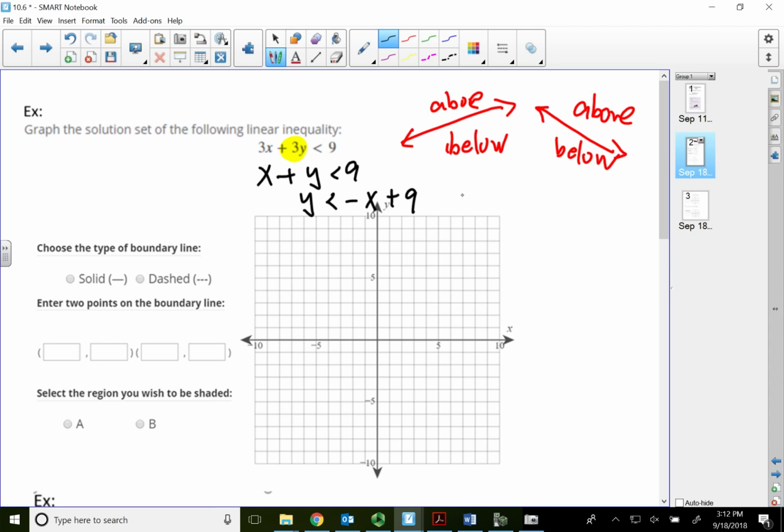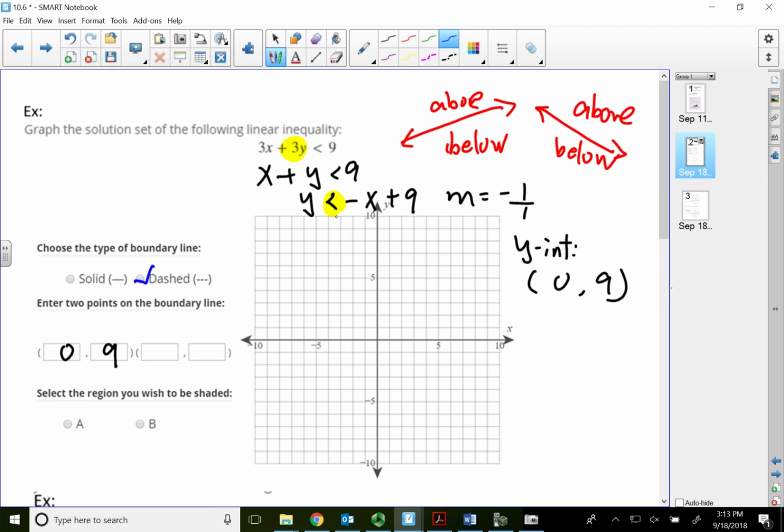So right away, I'm going to write it here. My slope m is -1, which is -1 over 1. My y-intercept, my first point, is going to be 0, 9. By reading the inequality, there's no equal to, so I'm going to choose dashed lines.